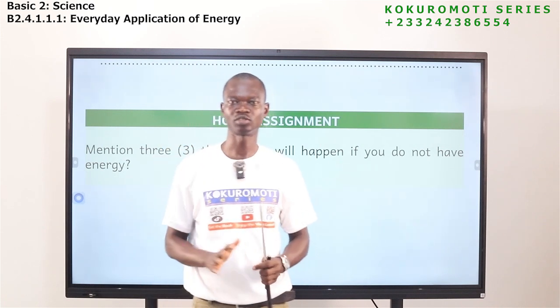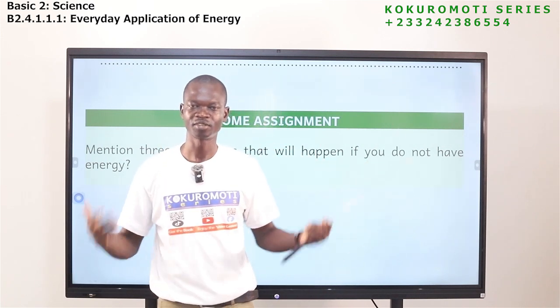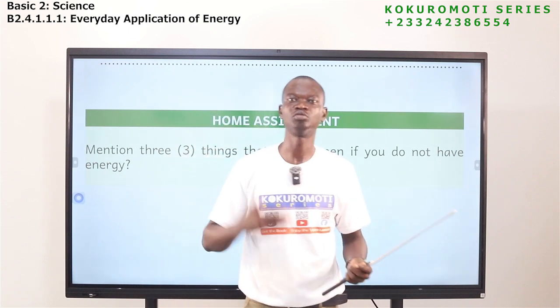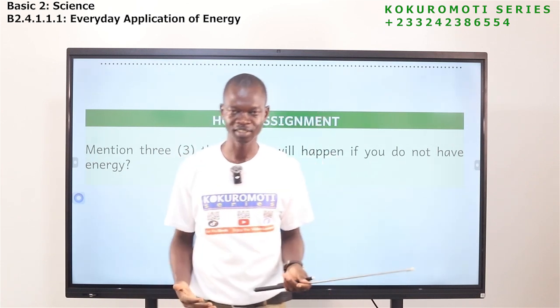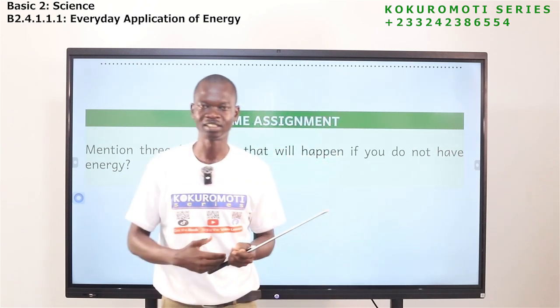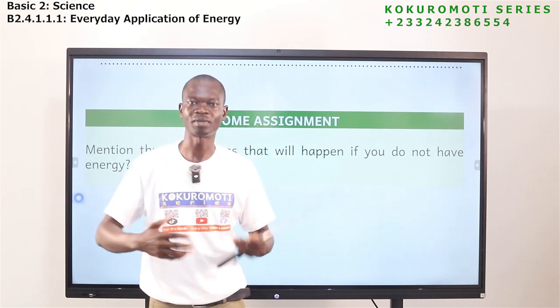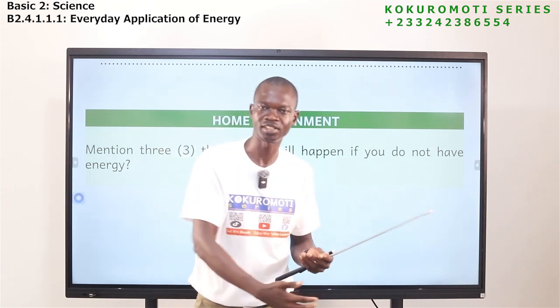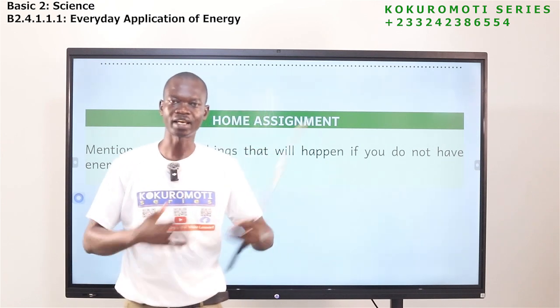Today, we are bringing our lesson to a close. But remember that we have learned about energy. We have learned that energy is our ability to do work. It means that without energy, we cannot work. It's not only human beings and animals that need energy. Machines also need what? Energy. They get their energy from other places, like electricity, like fuel, like battery, like wind, like sun.